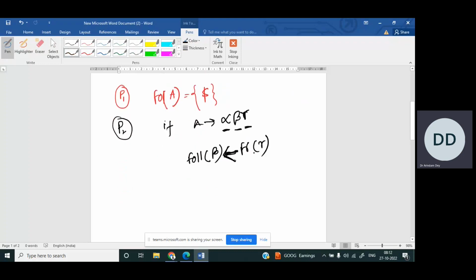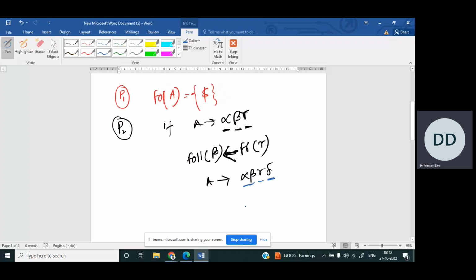Let me take one more example so that it will be clear before you. Let there be a production A → alpha, beta, gamma, and delta. Then you will tell that sir, here are four segments. Then you can assume this is one segment, this is another segment, this is another segment.